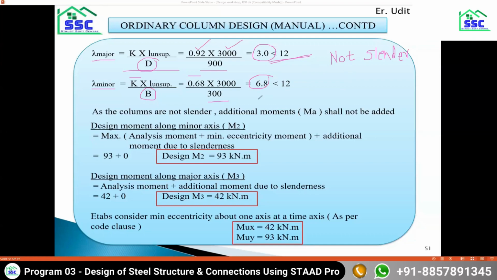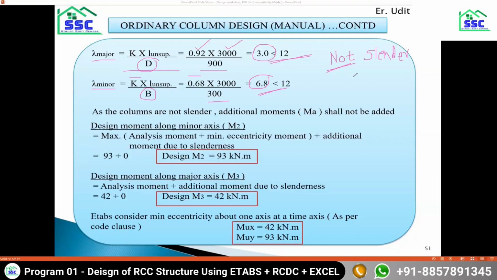And hence once again our column in the minor axis is also not slender. So we have to calculate whether our column is slender or not slender separately for the major axis and minor axis. In our case, our column is not slender in major axis as well as in the minor axis.